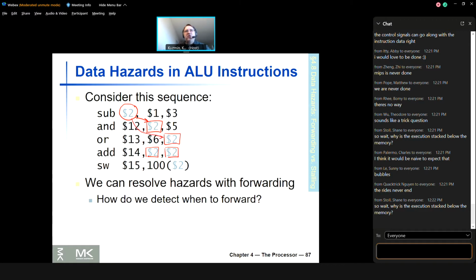So they're all dependencies right here. Then SW also reads from this register.